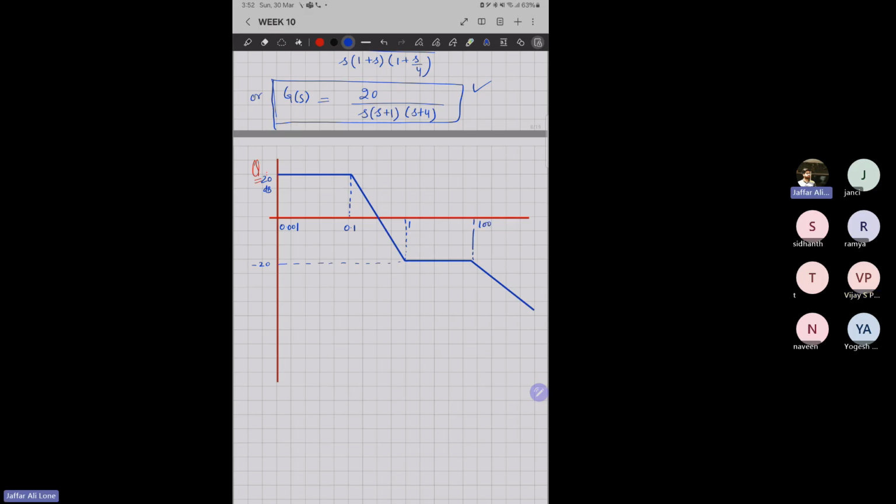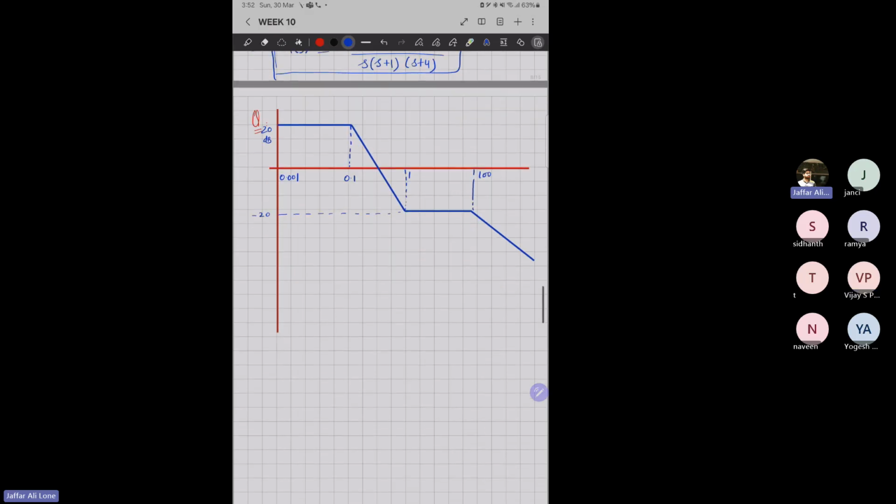Right? So you're given this Bode magnitude plot, and you're given again the transfer function G(s)H(s) equal to K times (s plus a) raised to the power m, then (s plus b) raised to the power n, (s plus c).